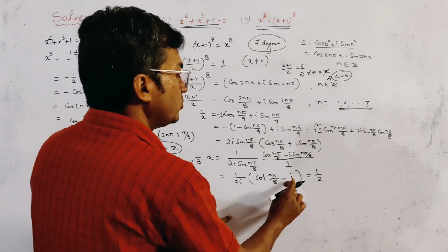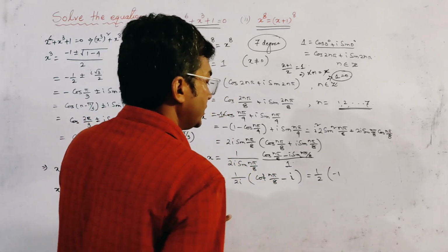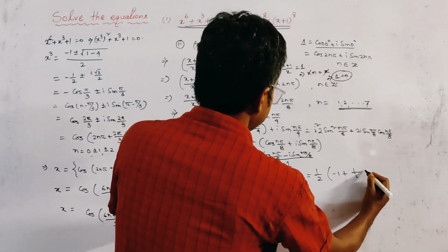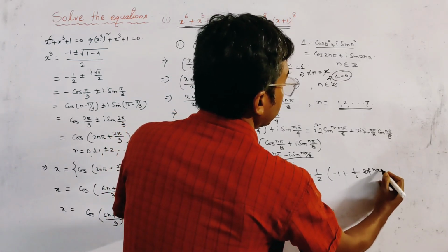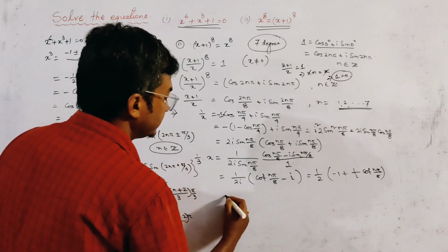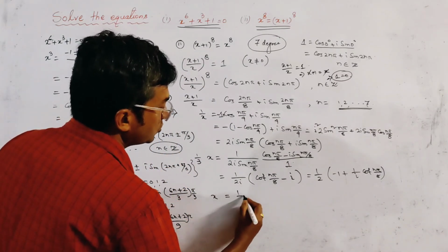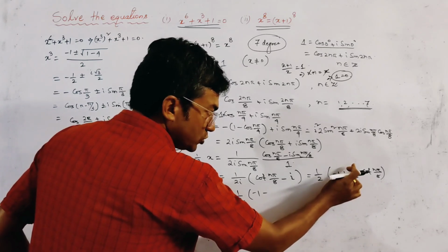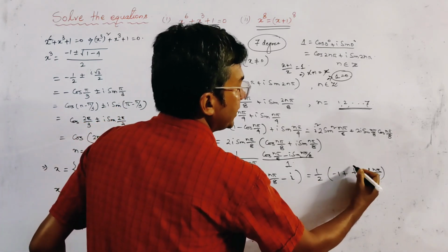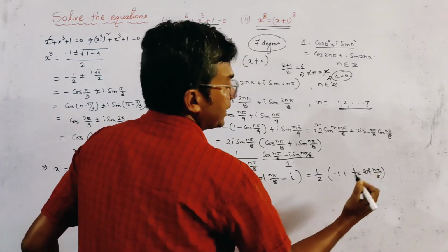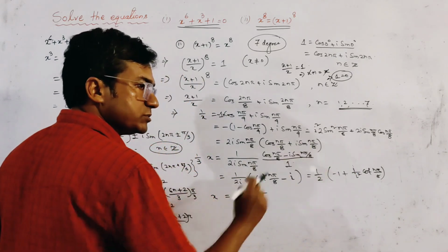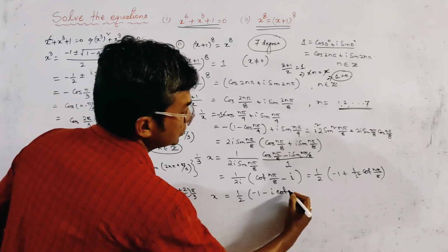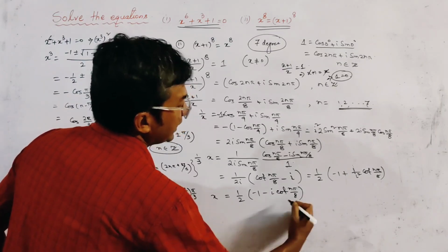If we multiply i with this side, this is minus 1 and the first term becomes plus 1/i cot nπ/8, and this is given by x = 1/2 (-1 - i cot nπ/8), this is also minus because if we multiply i here and i here, this is i², so this is minus 1.